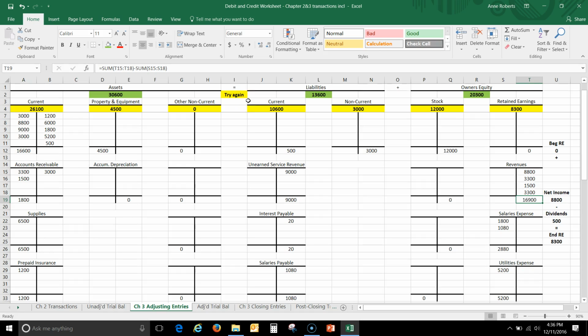So then we've got to come over here to the unearned service revenue, right here, and we've got to debit that for $3,300. So again, equity goes down, but now we're decreasing the liabilities. So watch the current liabilities go down, total liabilities go down. Again, we come back into balance.